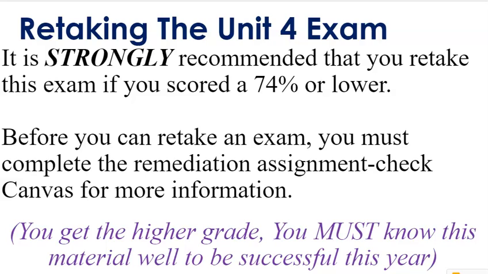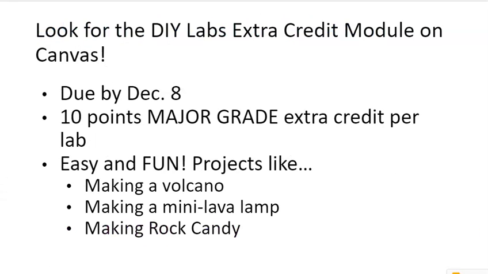The other thing I want to talk to y'all about is the DIY Labs extra credit module on Canvas. I'm going to say it's due by December 8th. Every single one of these that you complete will give you 10 points added to the major grade category, which is huge. So if you did all 10 of them, it's like getting a 100. And these are easy and fun projects like making a volcano, making a mini lava lamp, making rock candy.